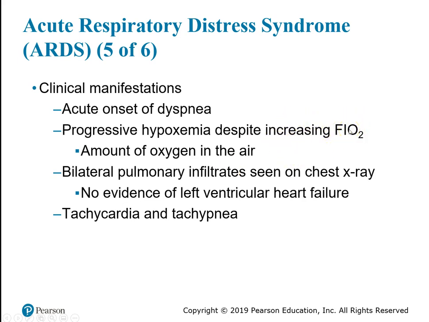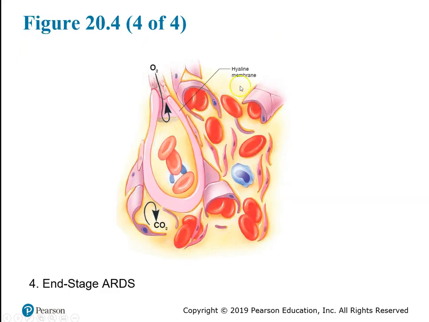So it's not normal atmospheric levels of oxygen, it's more oxygen. If you're increasing the amount of oxygen you're giving that patient, but nothing is changing, that's one of the clinical manifestations. And you can see why. It doesn't matter how much oxygen you give that patient, it will never move into the blood vessels and into the blood.